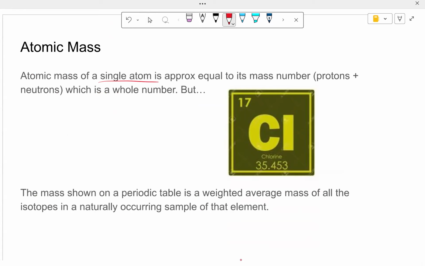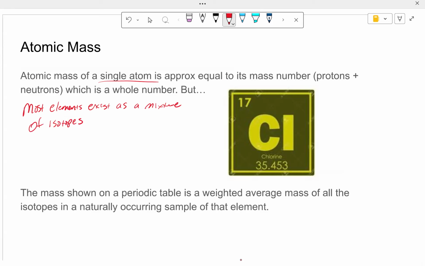But here's the problem. Most elements exist as a mixture of isotopes. And that mixture can have various percentage compositions.